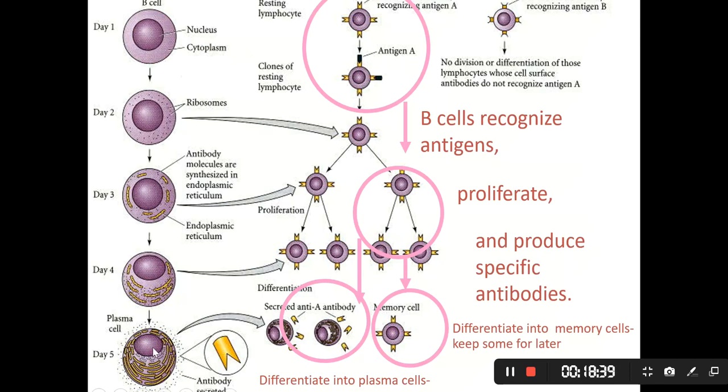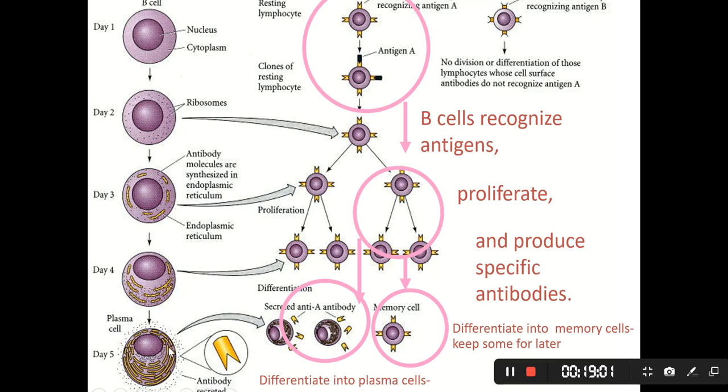And then after differentiating and getting fully formed, it formed the antibodies to act against it. And some of them will also get converted into memory cells. So here you see they differentiate into the plasma cells to produce more antibodies, and some of them, you can see this population is going this side and it is forming a memory cell.